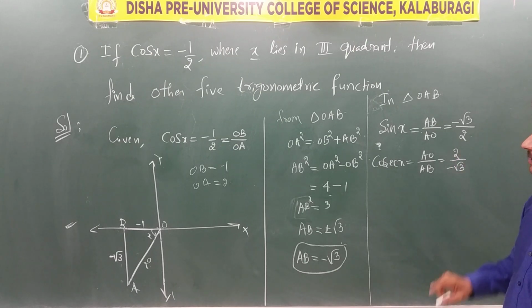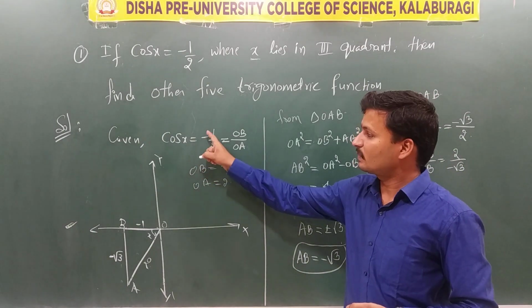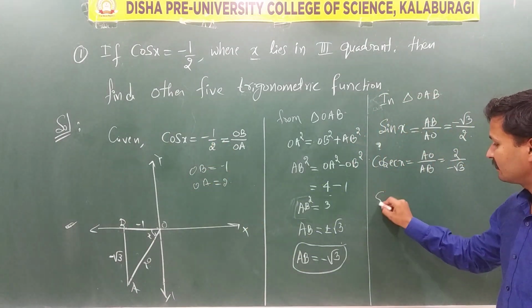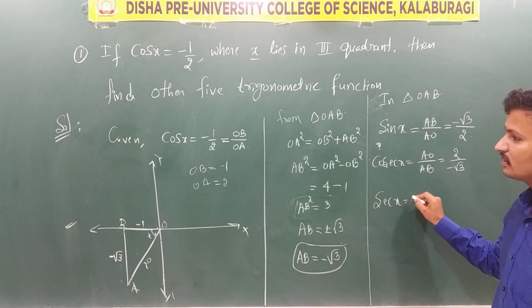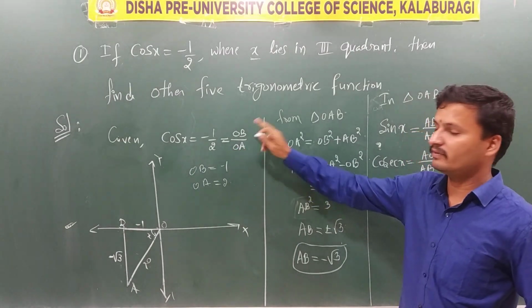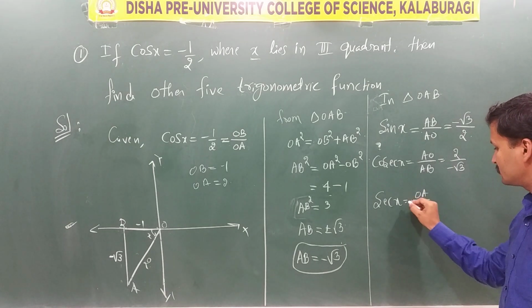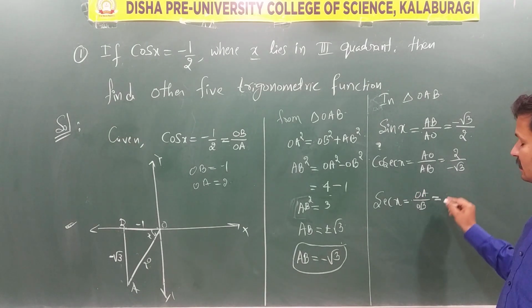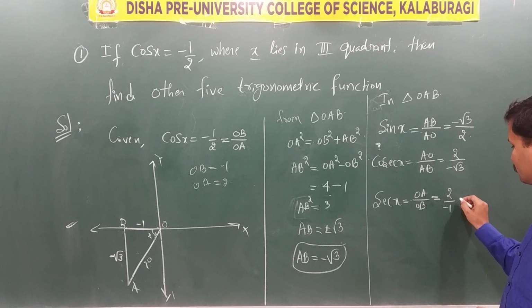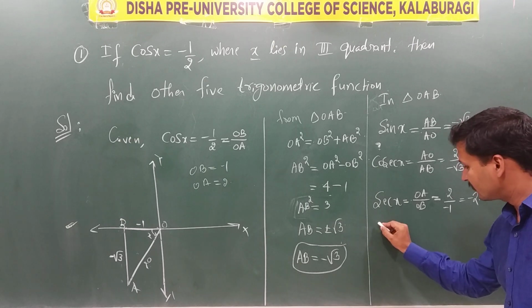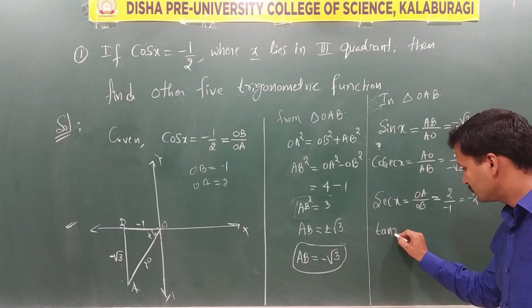And here cos x is minus 1 by 2, so then obviously secant x is the reciprocal of this, that is OA divided by OB, which is 2 divided by minus 1, which is equal to minus 2.